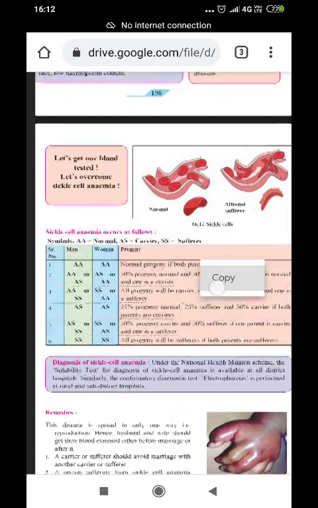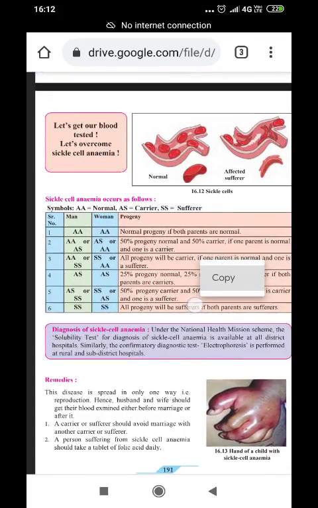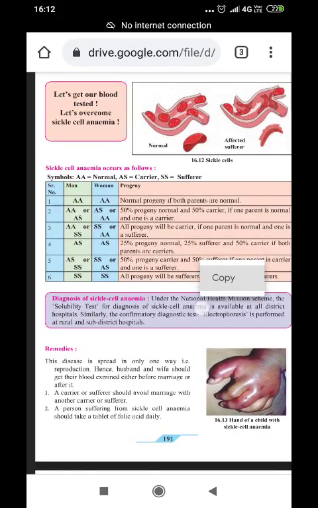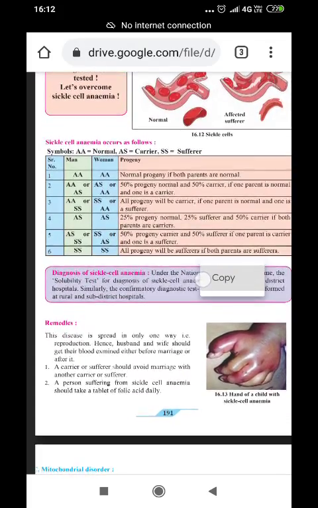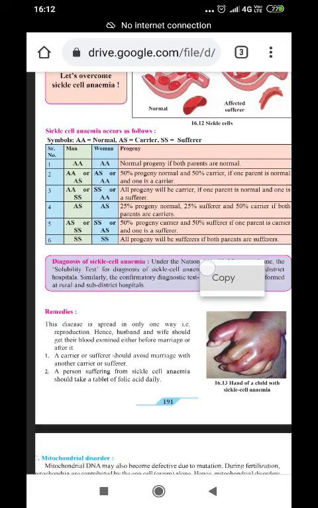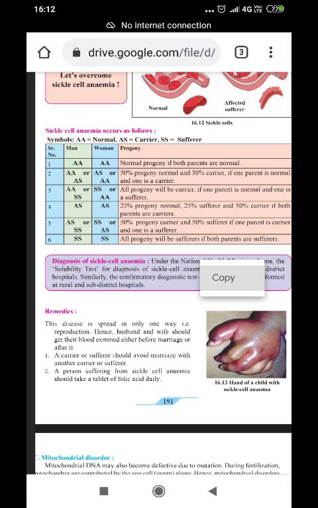Then, what are the possibilities if men and women are normal, carrier, or sufferer? If both men and women are normal, definitely the progeny is going to be normal. If the man is a carrier and the woman is normal, or if the man is normal and the woman is a carrier, then 50% of the progeny are normal and 50% are carriers.